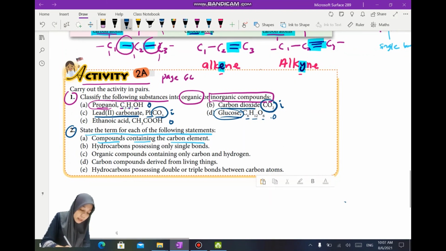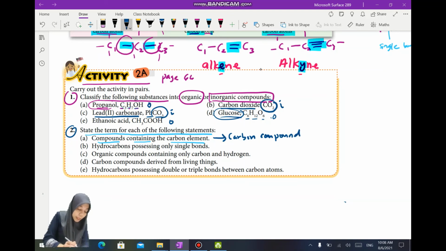So the answer is carbon compound. And then B. Hydrocarbon possessing only single bond.